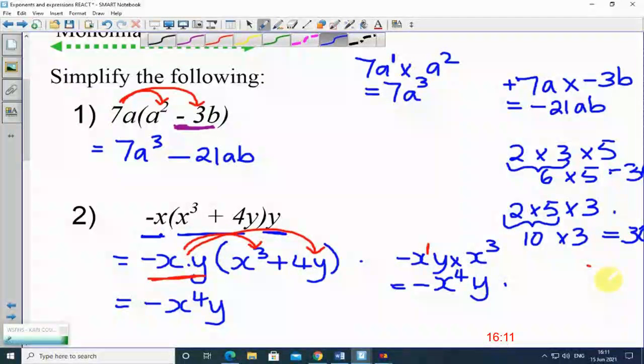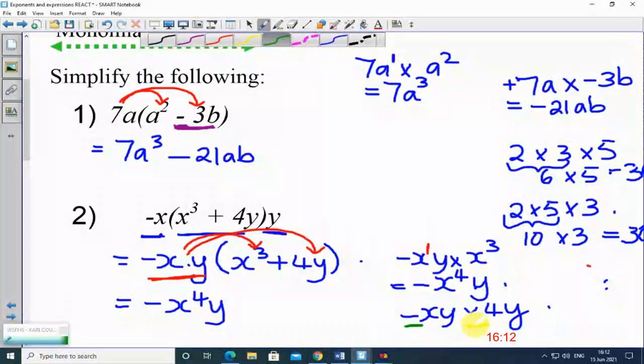Now I've got to do minus xy times 4y. So I'm going to go again over here. You can do these little sums at the side if it helps you. Again, I've got a minus times, well there's no sign there, so it must be a plus.